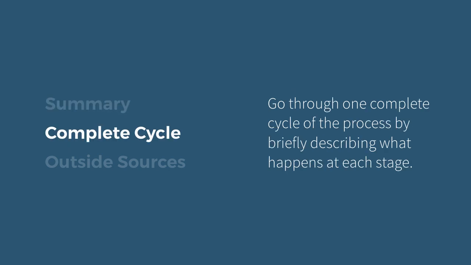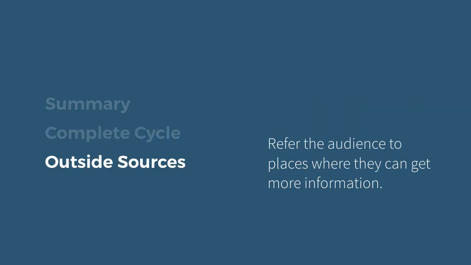Then you will make a complete cycle of the process, where you will give the reader a brief reminder of what happened in the different stages. And then lastly, you will tell the reader where they can go to get more information if they need it.